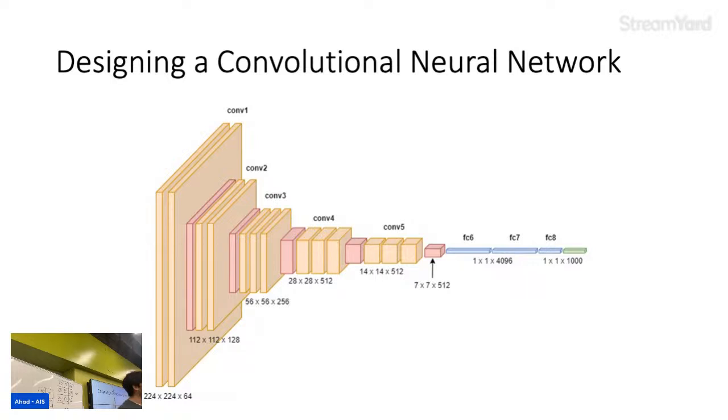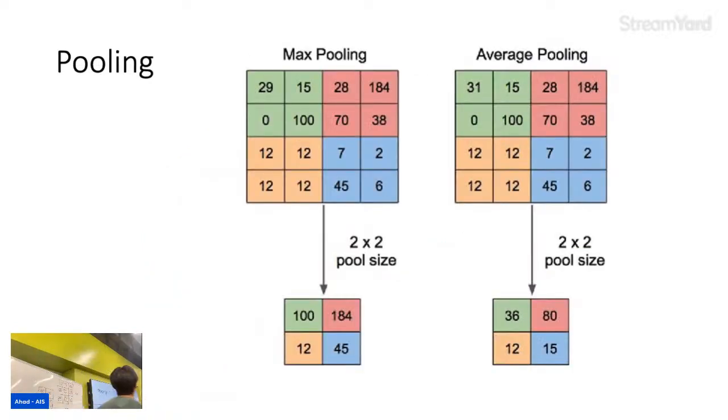So there's a couple of tools we have for that. One is padding the images. As we saw before, the size of the features gets smaller, so what we can do is just add some padding around it, and it will either keep the same size or it might increase depending on your convolution size. Another thing we can do is called pooling.